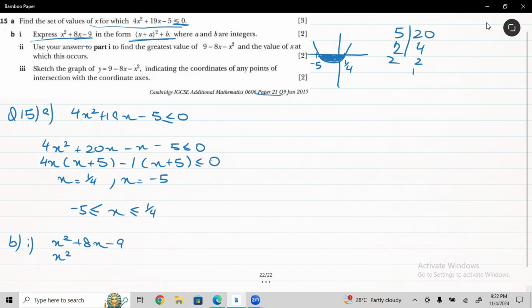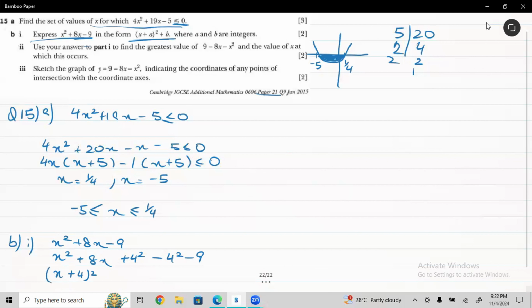Again, x squared, take the coefficient of x, divide by 2, we get 4. Add 4 squared, but we cannot just add it in here. We have to subtract it to neutralize the equation, and minus 9. So x plus 4 whole squared.